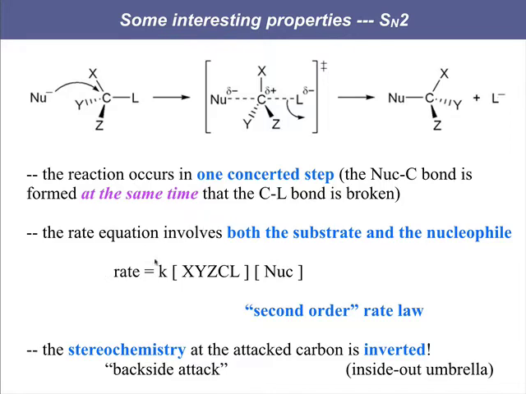We say that the rate equals k, some rate constant, times the concentration of the substrate, times the concentration of the nucleophile. The one step in this reaction is the rate limiting step, and the rate limiting step involves two species. So we would say this is a second order reaction. In fact, this reaction is called SN2. That stands for substitution, nucleophilic, second order.